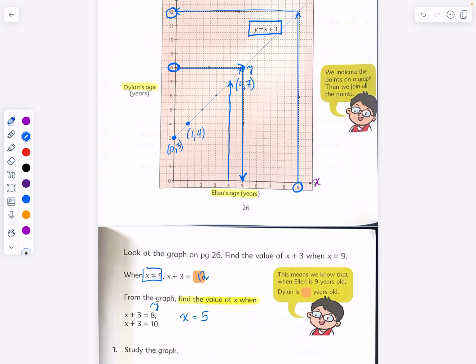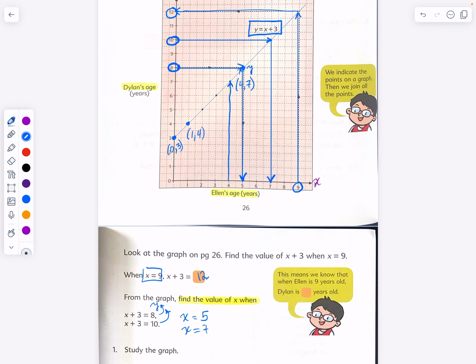And also, when y equals 10, just like with y equals 8, let's use the graph. So when y equals 10, we go all the way to the graph and then find the corresponding value of x, and it is 7. x equals 7.